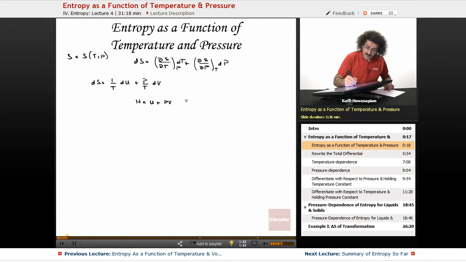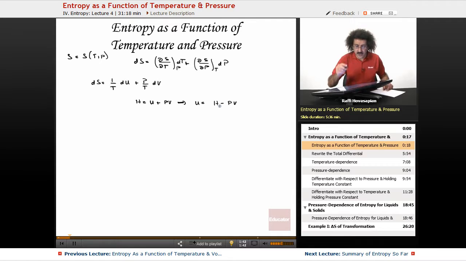Therefore, I'll go ahead and move this around, and it becomes U equals H minus PV. So we have this U equals H minus PV.